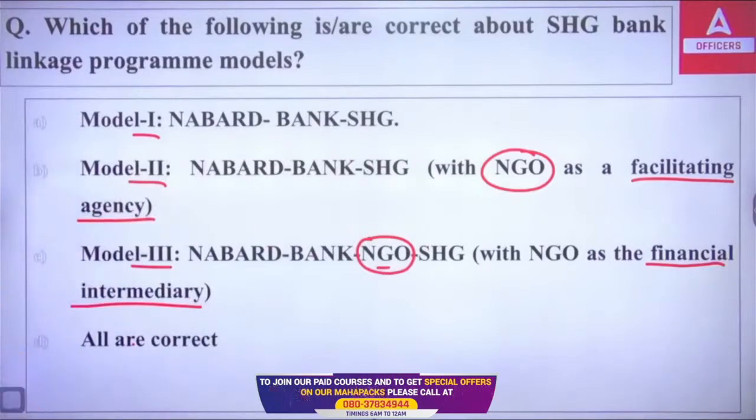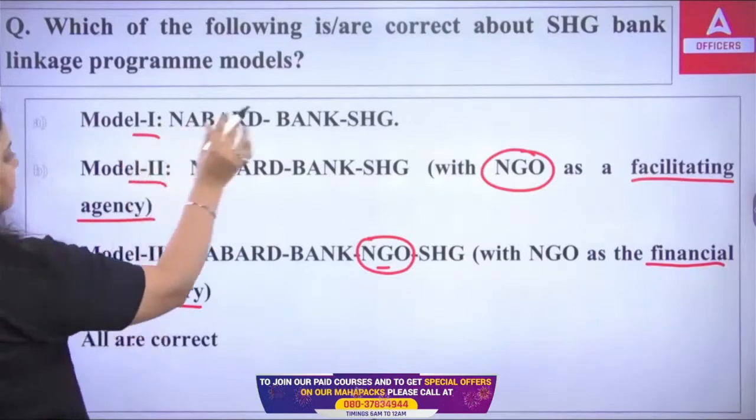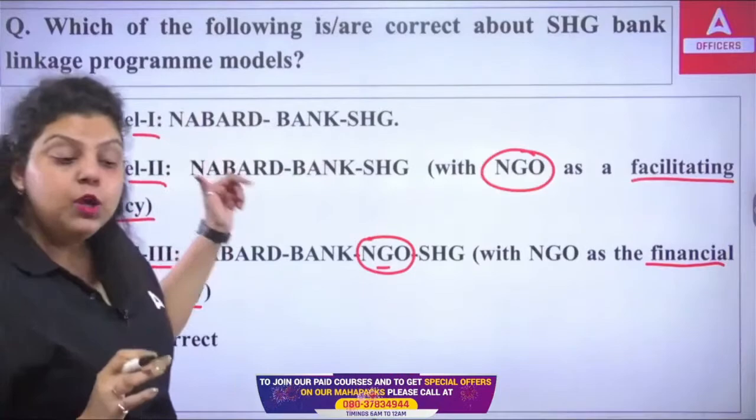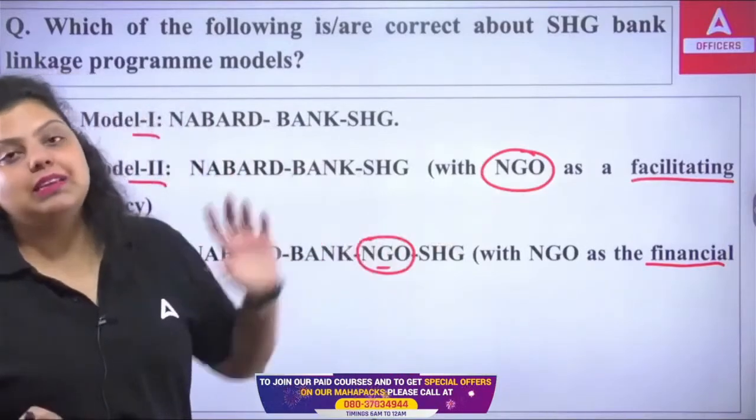So what do you think, which of the following is correct? The right answer here will be that all are correct. Model 1 will not have an NGO, Model 2 will have an NGO but as a facilitating agency, and Model 3 will also have an NGO but as a financial intermediary.